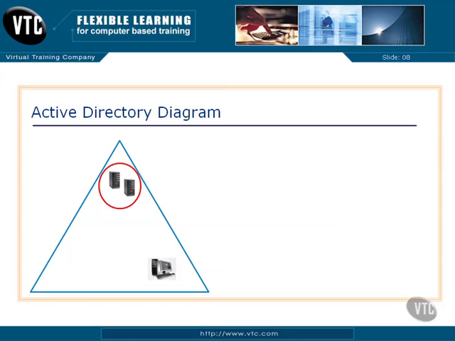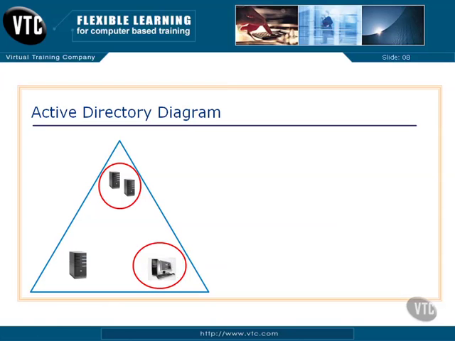And notice the red circle here. We have grouped these two servers together inside what's called an organizational unit. And then we will put all of our users. Now you're only seeing one computer here, but I want you to picture maybe 100, 200 users, all created and maintained inside this one organizational unit.